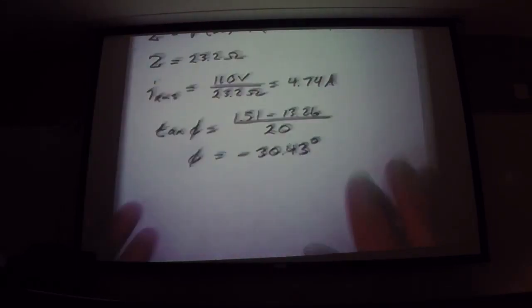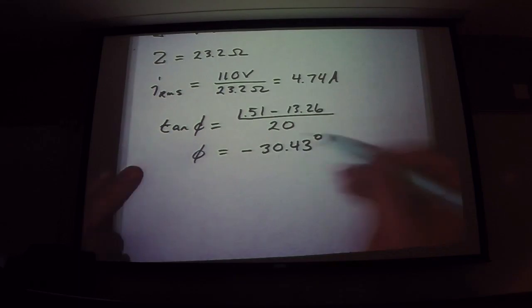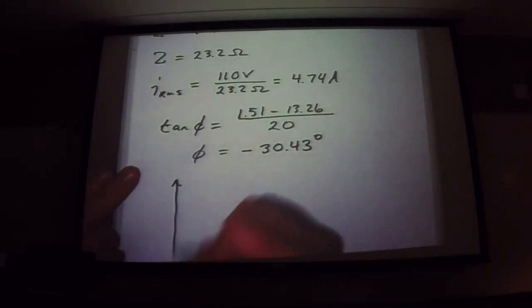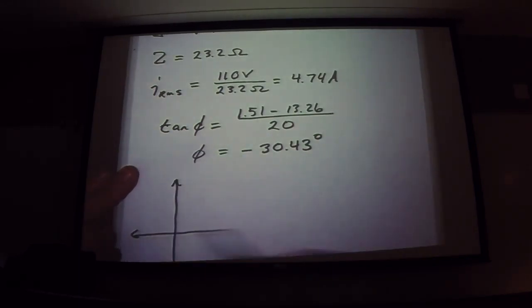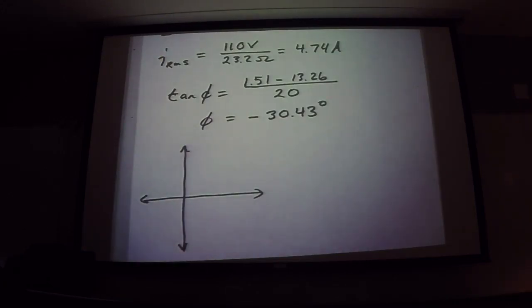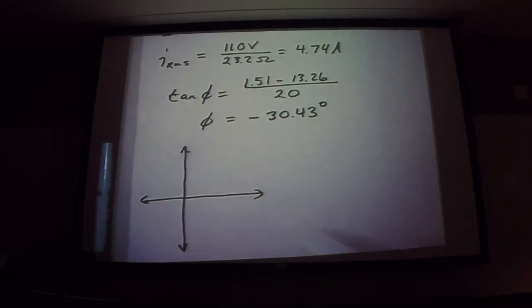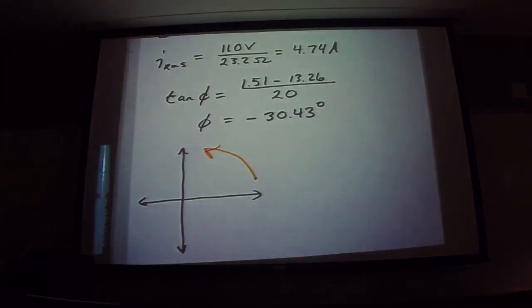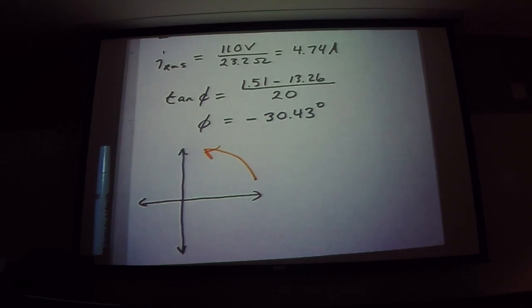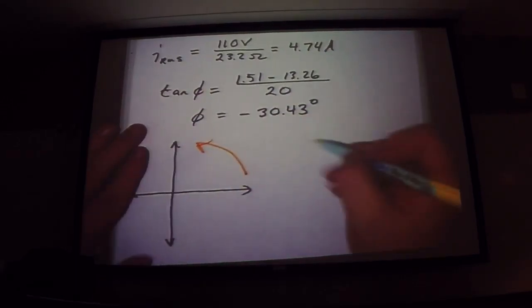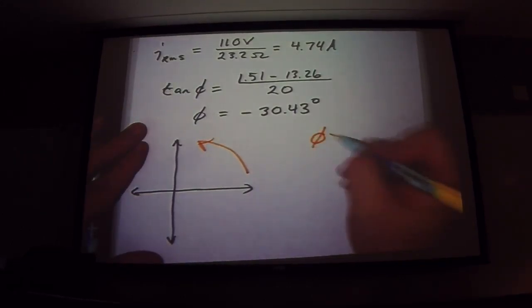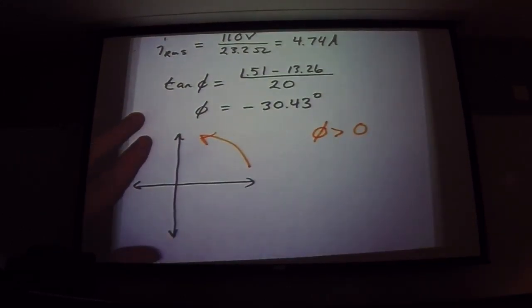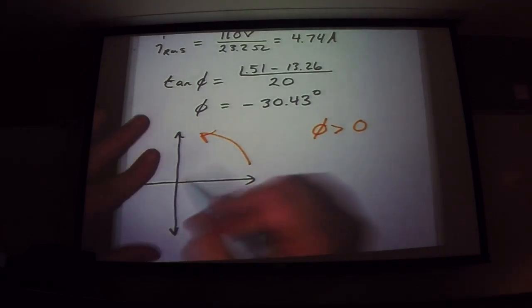In terms of this phi, we think of this thing as rotating counterclockwise, going toward positive values of the angle. So for phi values that are positive, phi greater than 0, the ones up here.